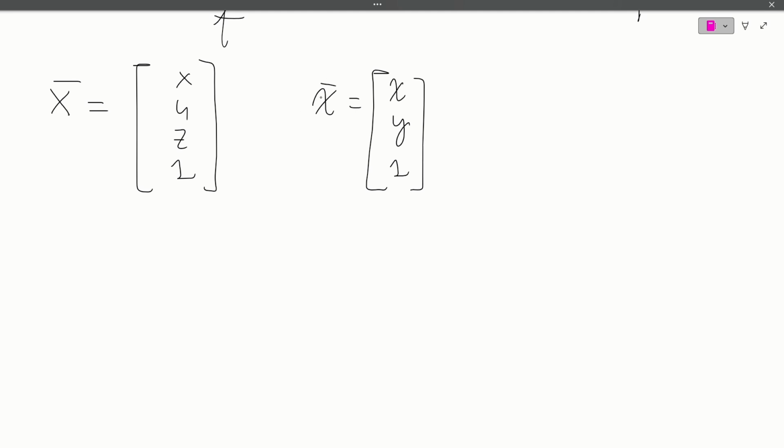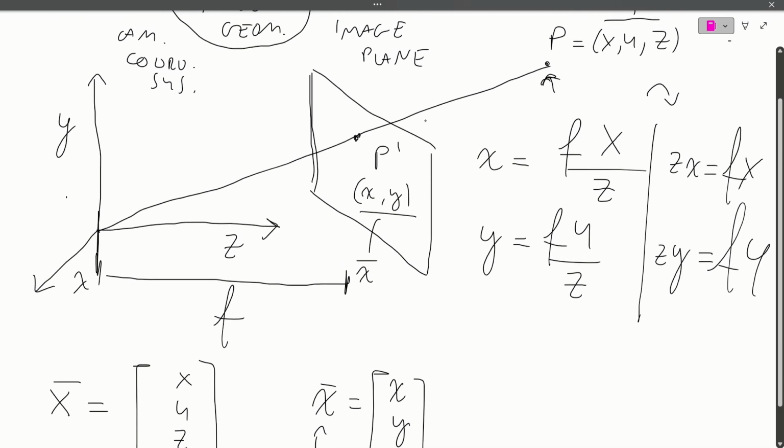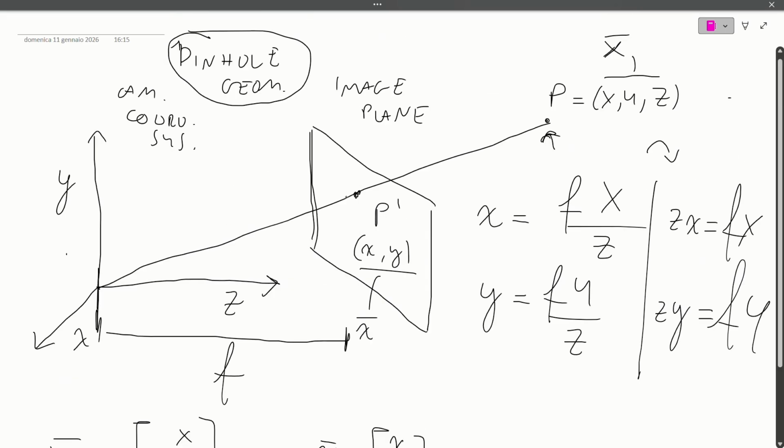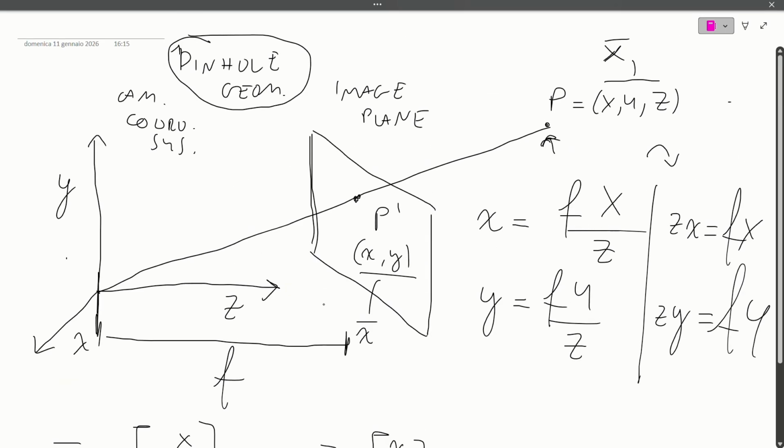Now I want to repeat a thing. We don't have z in the small x vector because we are projecting in a plane. We are losing z, and this is not a coincidence. We are losing z because z is the depth. We cannot understand depth looking at an image. We can understand depth looking at an image just because we are human.